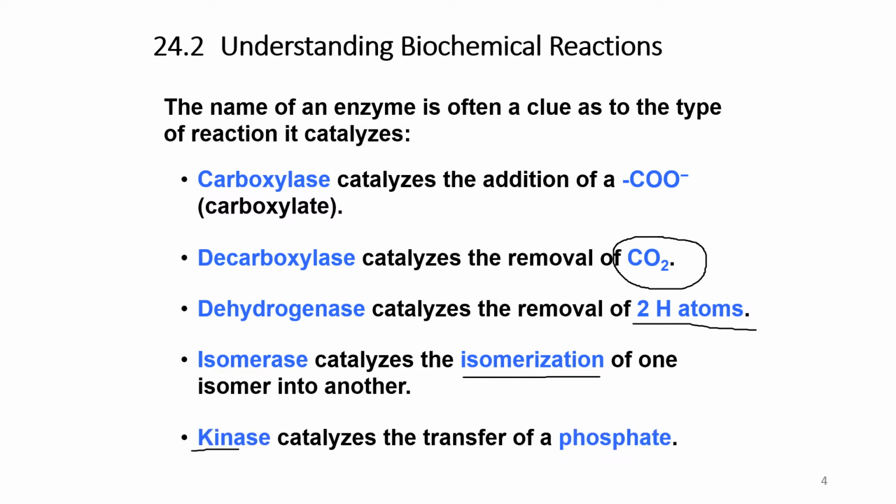Finally, a kinase. This catalyzes the transfer of a phosphate group, and we'll see that in what we call substrate level phosphorylation of ADP to form ATP, and we'll also see kinase activity in phosphorylating substrates or intermediates in a number of pathways.